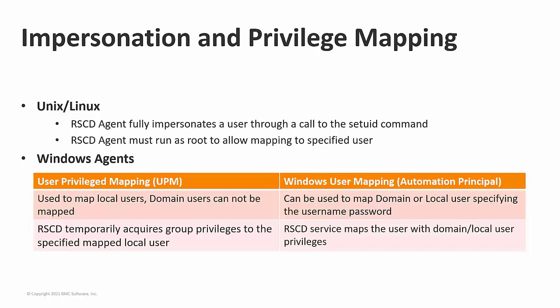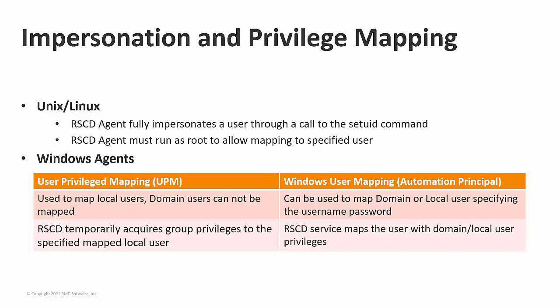However, on Windows targets, there are 2 ways the RSCD agent does the user mapping. The first one is UPM, User Privilege Mapping, and the other is Windows User Mapping, which is commonly known as Automation Principal. With UPM, the impersonation is done with the user mapped in the ACL files.